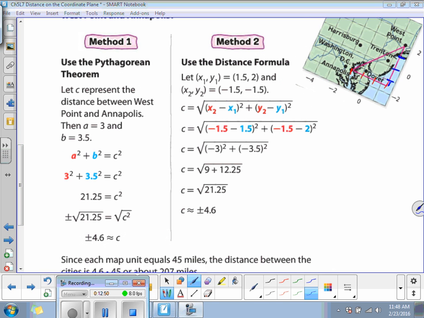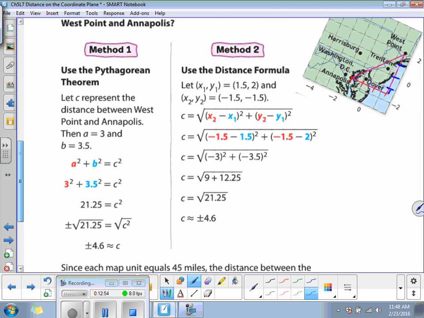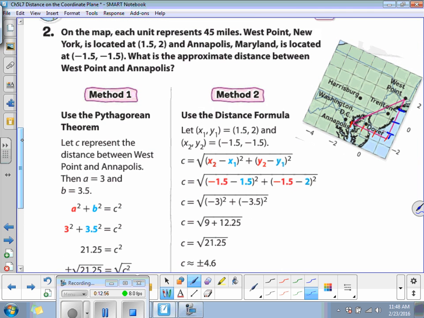The second method is just to use the distance formula. Okay? They told you where each school is on the map, and then what you're going to do is you are going to subtract your x values and subtract your y values.